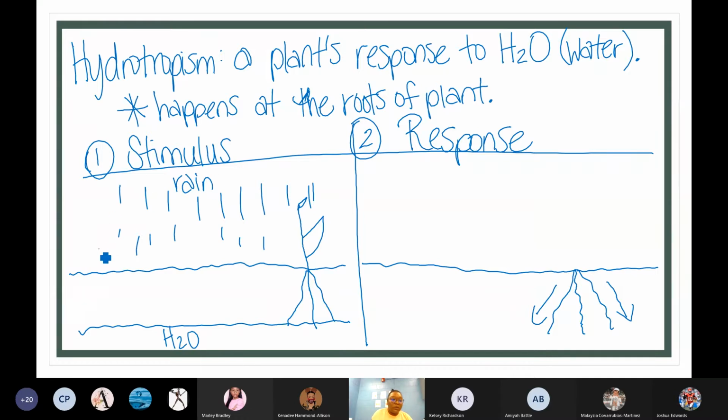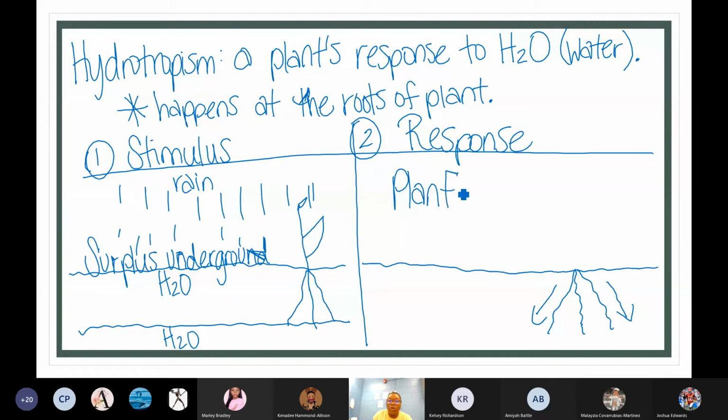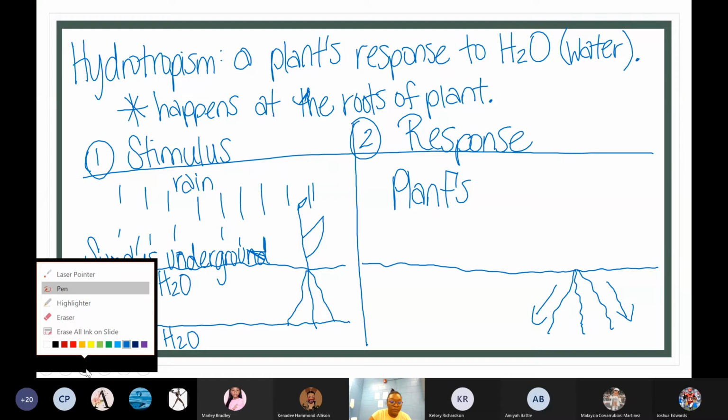So that word surplus means extra, surplus underground water. The plant will respond by its roots growing deep into that water.